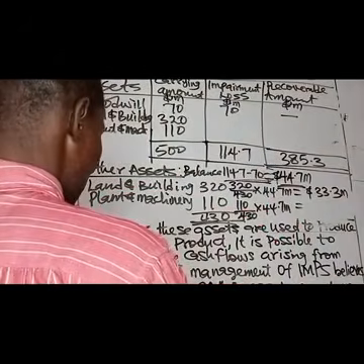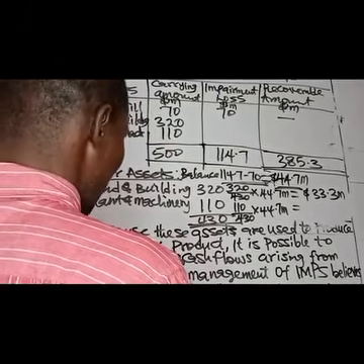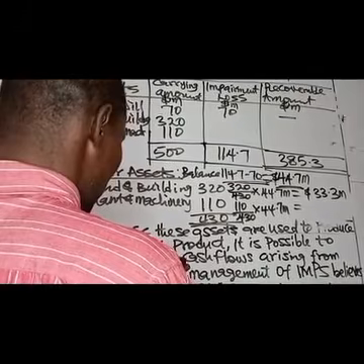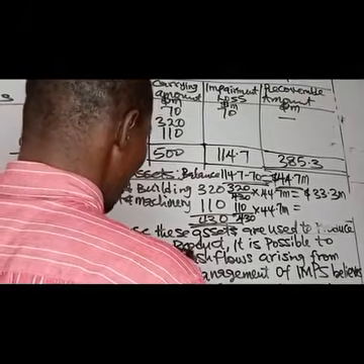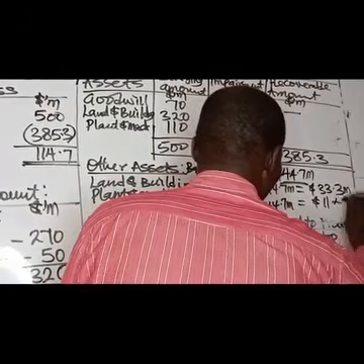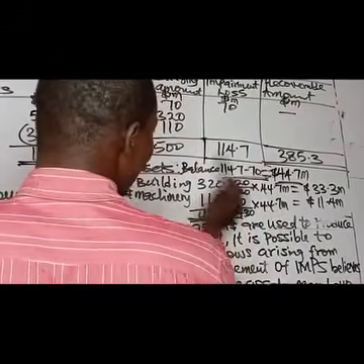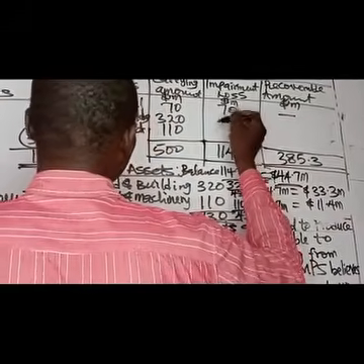Then 110 divided by 430 times 44.7 gives 11.4 million. So of the impairment loss, 33.3 million will be allocated to land and building.